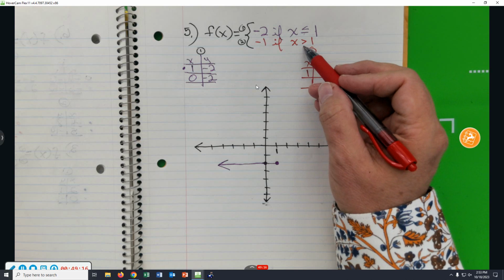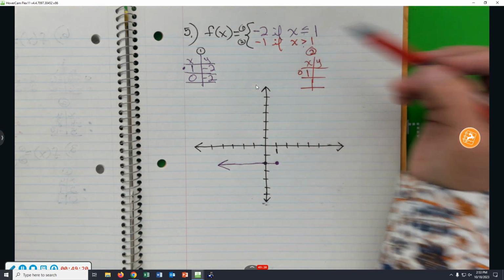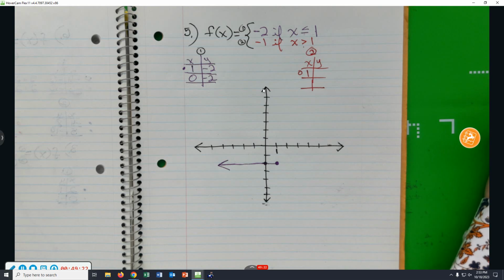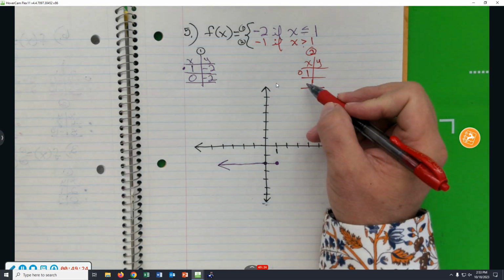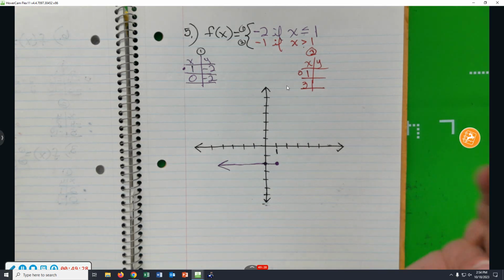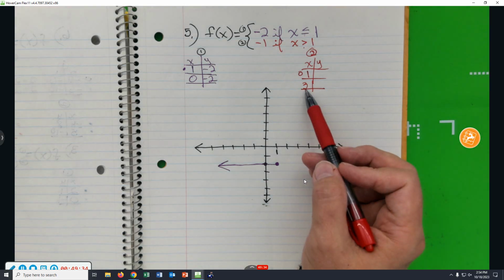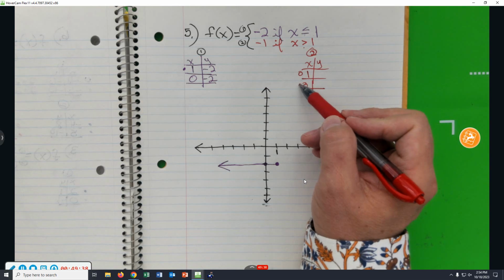It's got to be open because there's no equality. Now I need an x value bigger than 1. You tell me the number you want to use. 3, okay. You could use 30,000, but use something that's easy to label on your grid. Is this going to be an open circle? And it's going to be a regular closed dot.